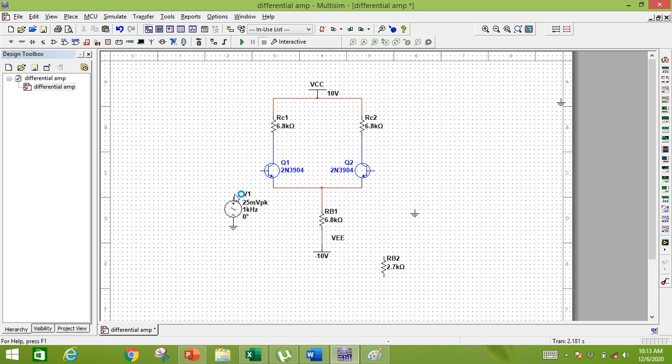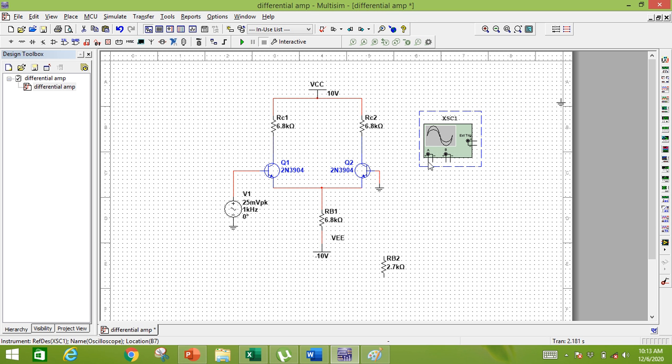I am applying the AC signal to the base of Q1 while I am grounding the base of Q2. Let me select the oscilloscope. By means of the oscilloscope, I can determine the input voltage as well as the output voltage.